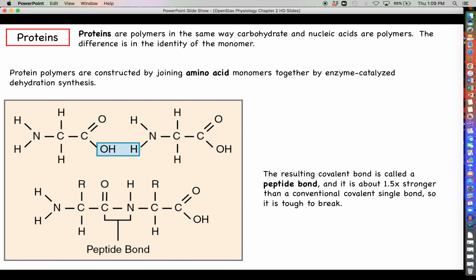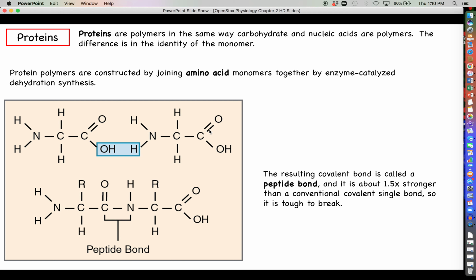Okay, so let's take a look at what sticking two amino acids together actually looks like. When you get two amino acids close together, we'll talk about these structures on the next slide, you can see that there is an element of water that can be taken away by the dehydration synthesis reaction. If we lose the element of water, we end up with the formation of a covalent bond between the two monomers.